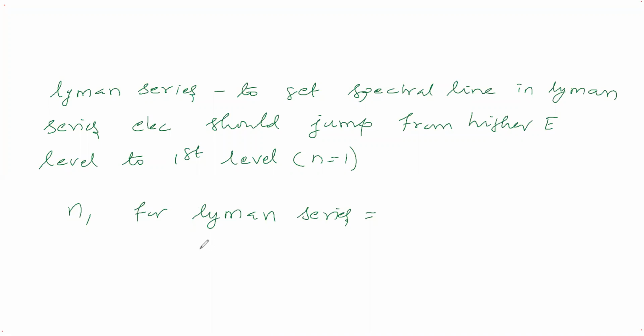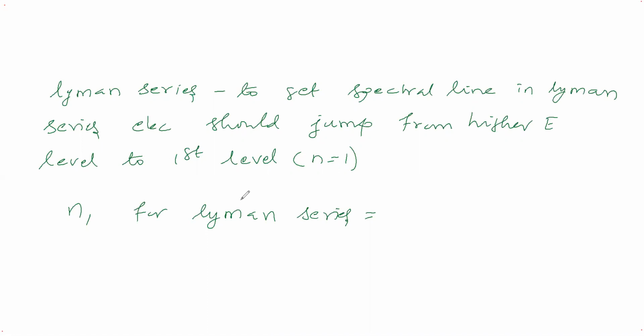Now, what series does the hydrogen spectrum contain? One is called the Lyman series, the next is the Balmer series, then the Paschen series, the Brackett series, and the Pfund series.